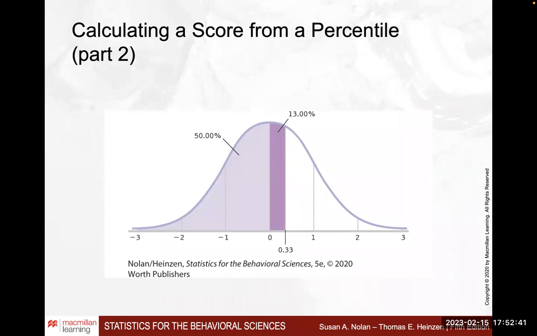So if you have the calculation of a score from a percentile, we know that now. If we look for a percentile, we want to know how many are less than a certain value, or how many are within 63% of the population.